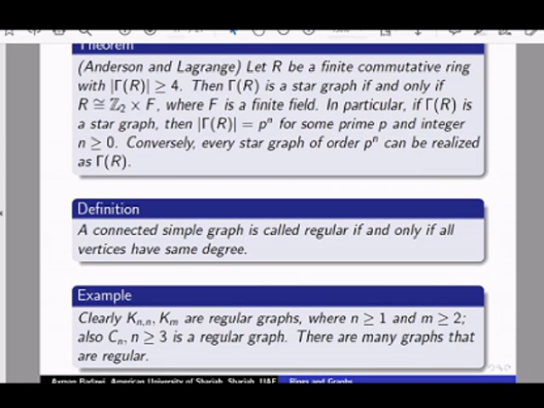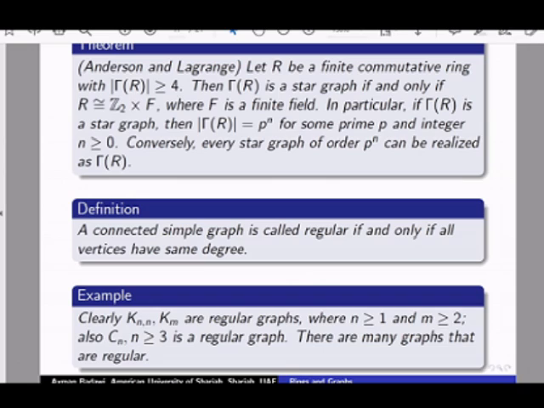Okay, let's move to regular graphs. What do I mean by a regular graph? That means you have a simple connected graph, and all vertices have the same degree.